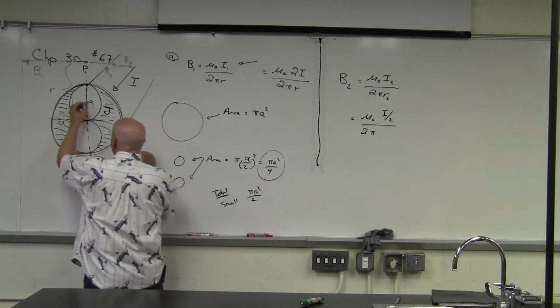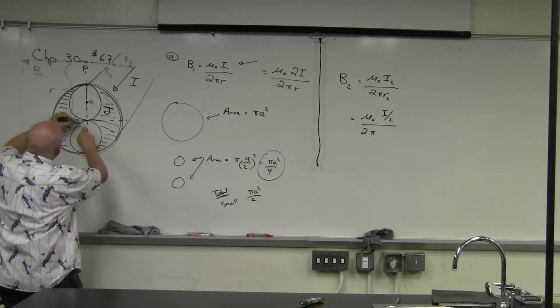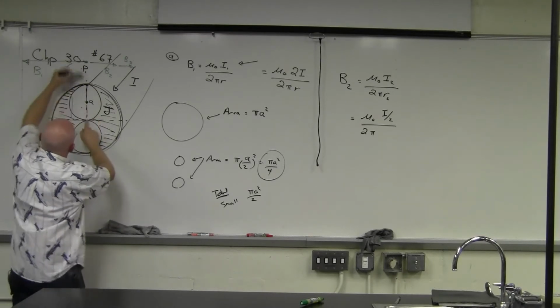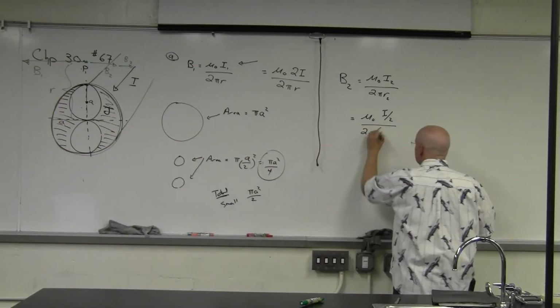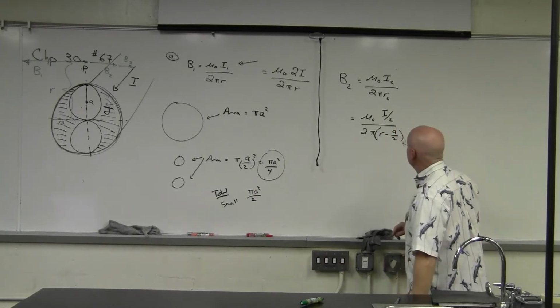And the center of this wire is not at the origin. So in terms of R, we need this distance. And so it would be R minus A over 2. So this is an R minus A over 2.